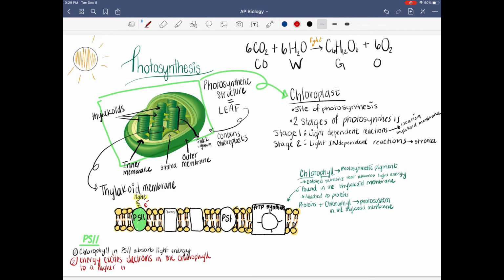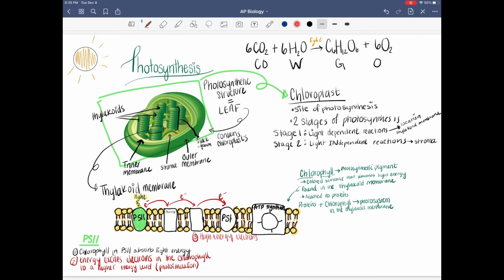This process, when these electrons change to the excited state, is known as photoionization. These high energy electrons are going to leave the chlorophyll in photosystem 2 and travel through the thylakoid membrane along a series of carrier proteins.